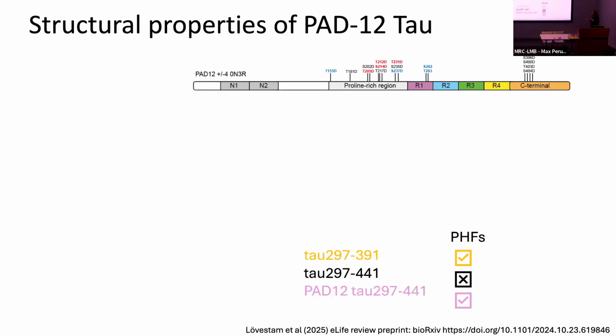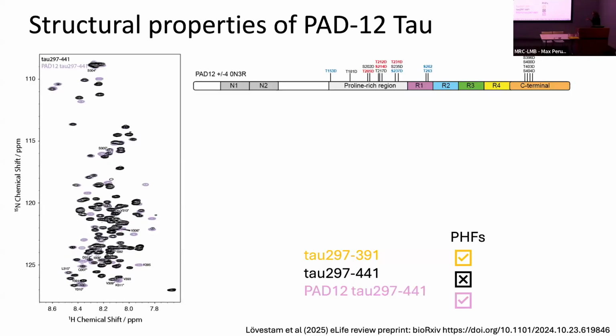So what Sophia found in her analysis is that, in the tau data I showed you before, this construct 297-391 forms paired helical filaments. This longer construct, which is C-terminally extended, 297-441, doesn't form paired helical filaments. So something about that system means it's inhibited. But when you have your PAD12 mutations, you get filaments again. So we wanted to see if there's anything we can tell by NMR.